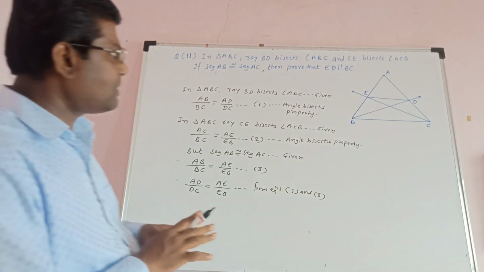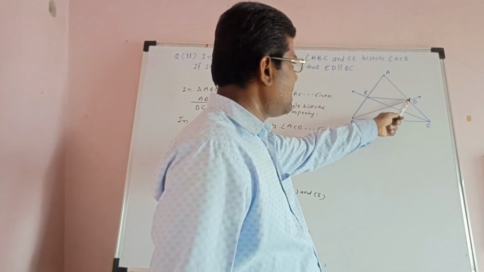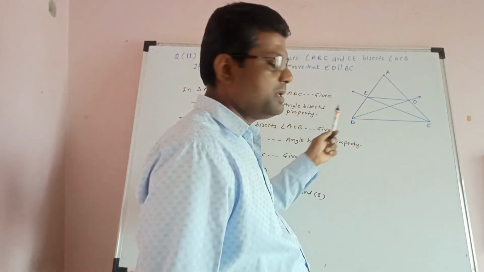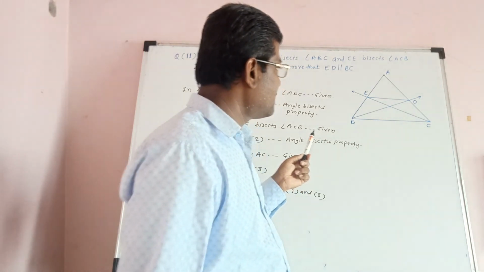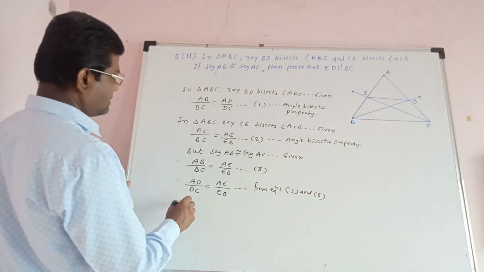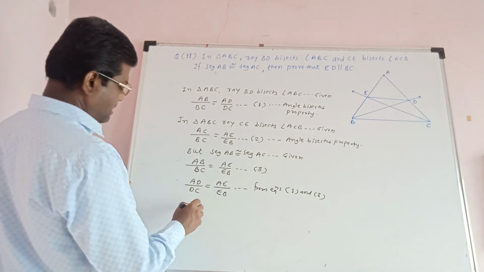So AD upon DC is equal to AE upon EB. Therefore we write here ED parallel to BC.